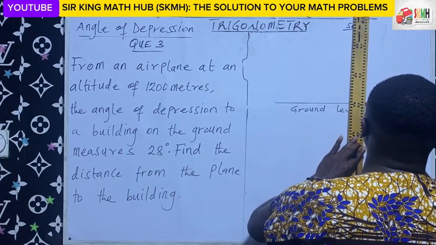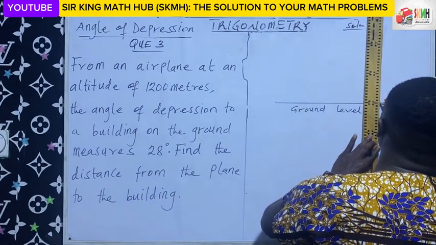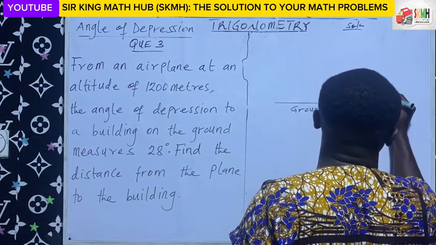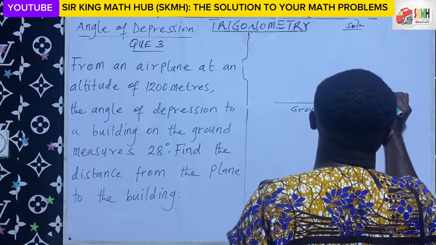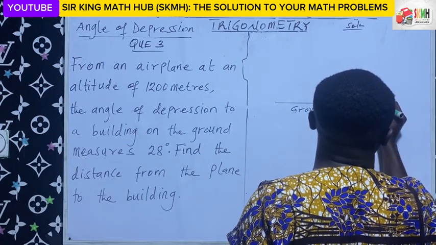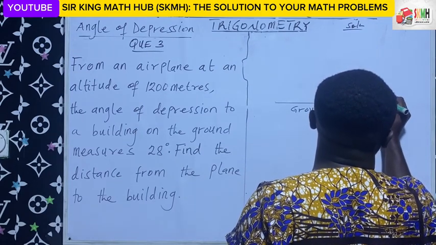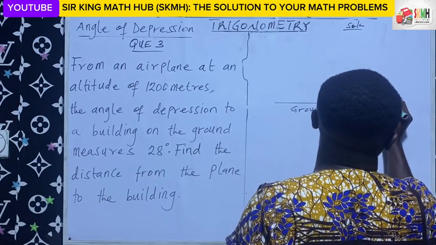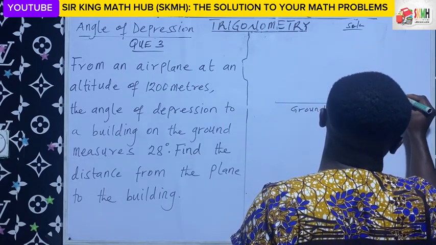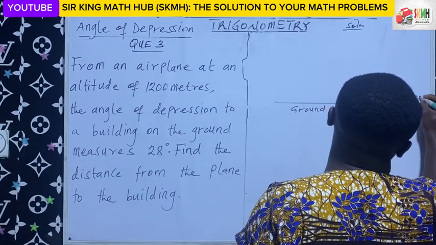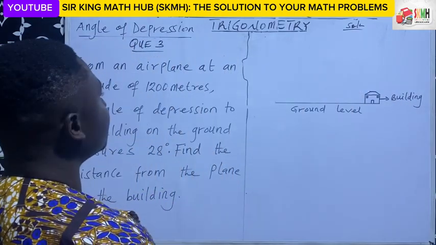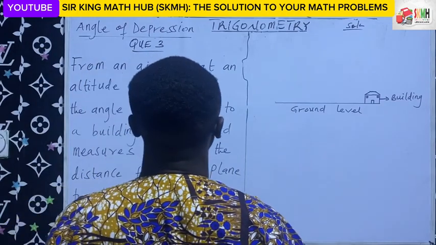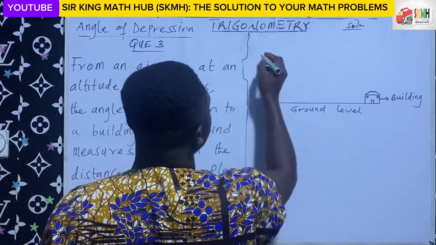So there's our building. So as you can see, there's our building. And then there is an airplane at an altitude of 1,200 meters.